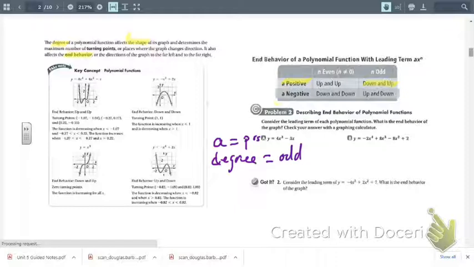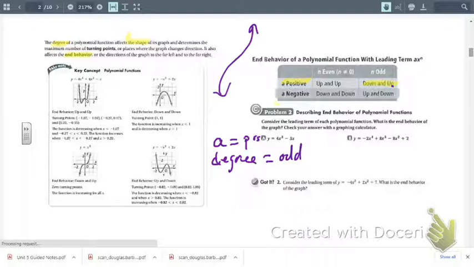What this means is our graph is going to start down and end up. Now, a degree 3 polynomial, we said that it looks like this. So that's what the graph's going to look like. So this is a degree 3, so it's going to look snake like that. It's going to start down and end up.